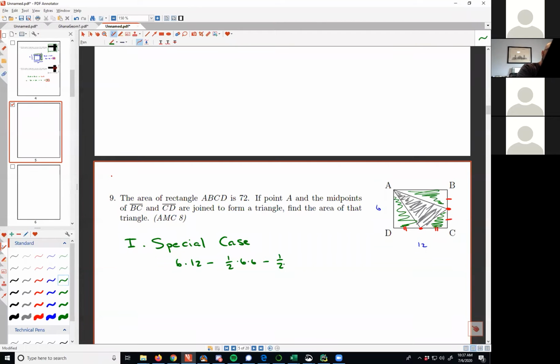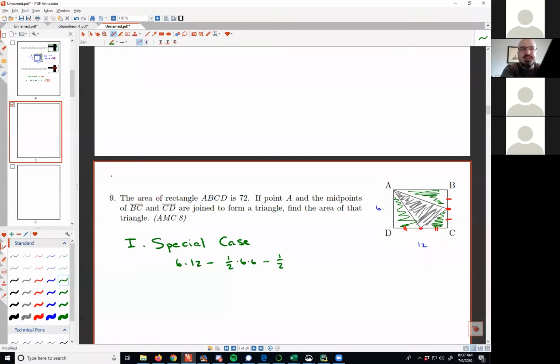I have a question. If we were to use 6 and 12 as the sides, the midpoint of DC would be the same length as AD, if you understand what I'm trying to say.